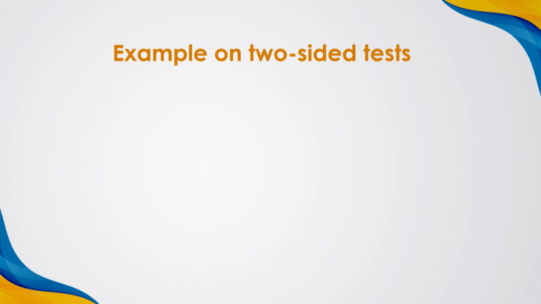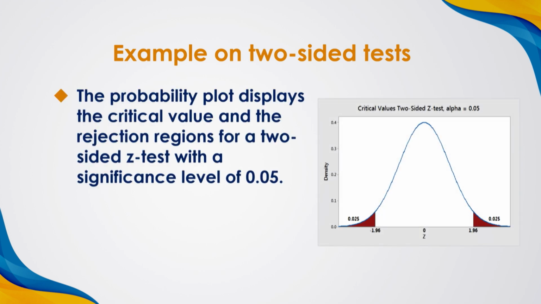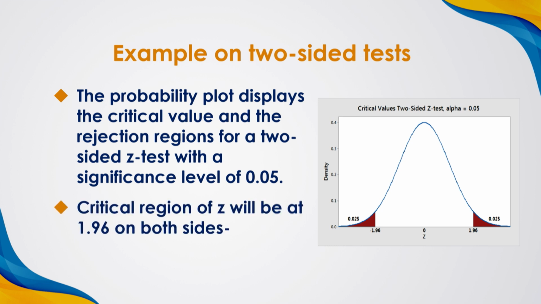Examples of two-sided tests: if you observe the probability plot, it shows the critical values on the rejection region for a two-sided Z-test with significance level 0.05. So, 0.05 is to be divided into two parts. The critical region of Z will be at 1.96 on both sides.